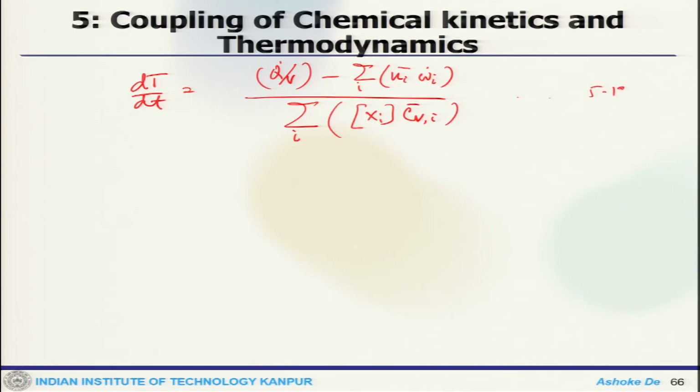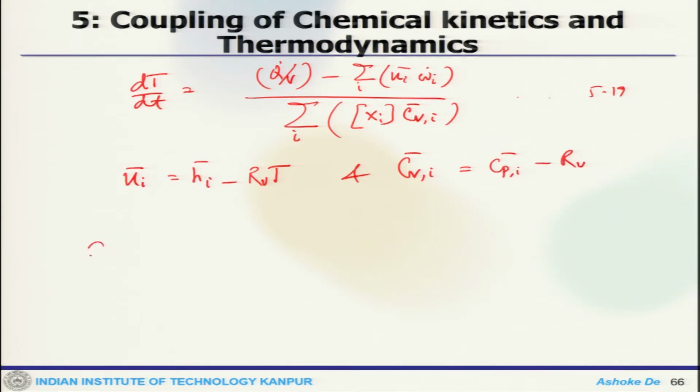So, that is my temperature. Now, you have u_i equals h_i minus R_u T and c_vi is c_pi minus R_u.